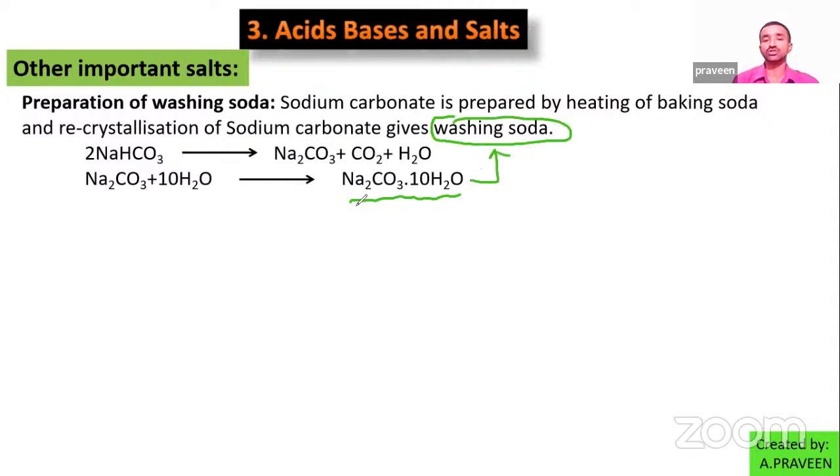The composition or compound formula of washing soda is Na2CO3·10H2O. Don't write just Na2CO3; write Na2CO3·10H2O. This 10H2O is called the water of crystallization, the number of water molecules.